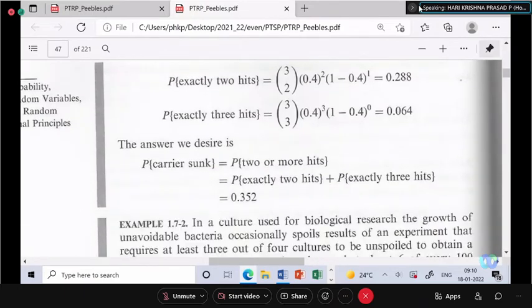Right? So the probability that the carrier will be sunk is the probability of 2 or more hits. Since the experiment is performed only 3 times, exactly 2 hits should be considered, exactly 3 hits is to be considered. So they are independent, disjoint events, right? So probability of event 1 plus probability of the other event. Is it okay?